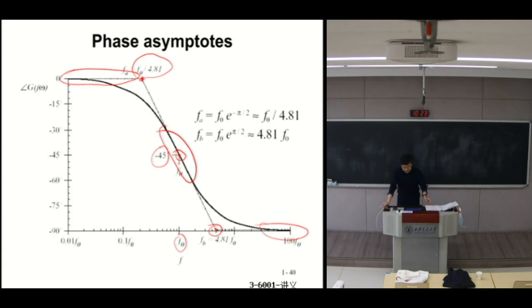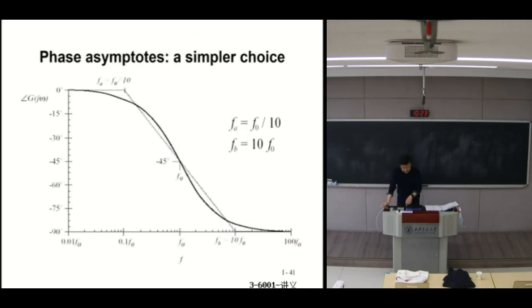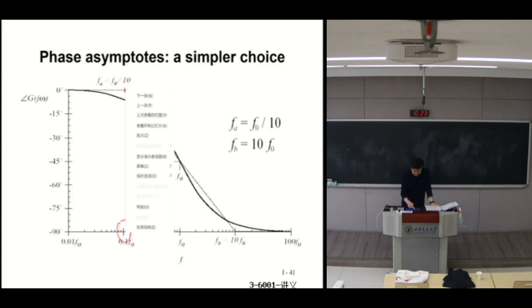So somebody proposed another method for the approximation. They said, why don't we make it simple and just use 2 points: one point at 1/10 of F0 as the low frequency intersection point, and the other intersection at the high frequency part at 10 times F0.